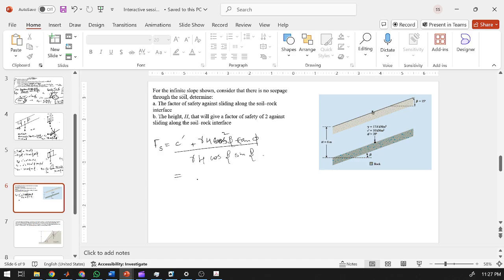This is equivalent to 10 plus 17.8 times 6, beta is 15, cos of 15 squared, tan of 20, over 17.8 into 6, cos 15 sin 15.